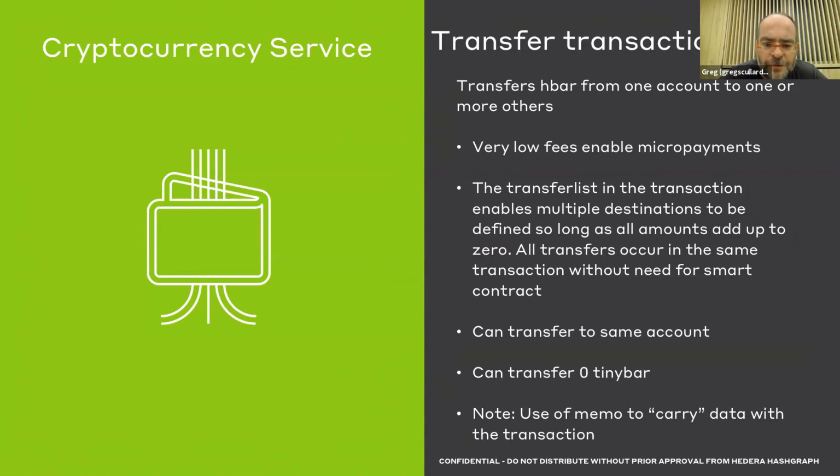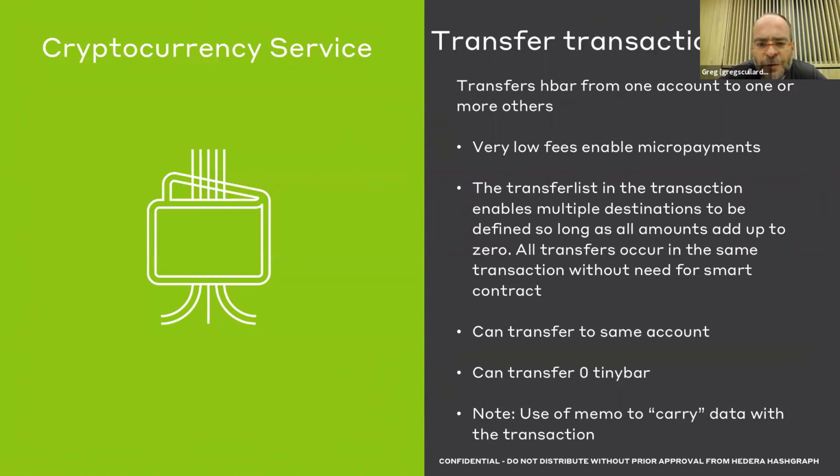You can transfer to the same account, so there's nothing to stop you from transferring funds to yourself. And you might be thinking, well, why would I want to do that? You could use the memo field of a crypto transfer transaction to carry some data and have it run through the network and get a state proof to say that that particular data existed at that particular point in time.